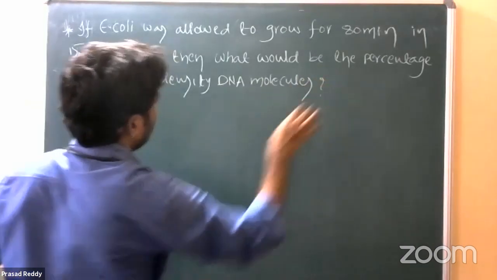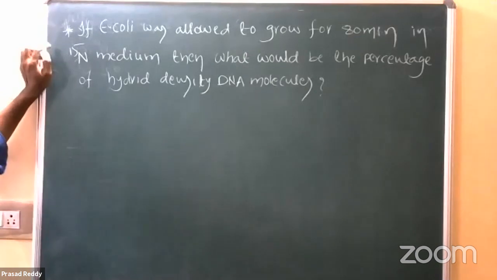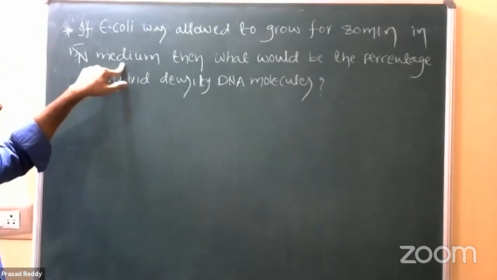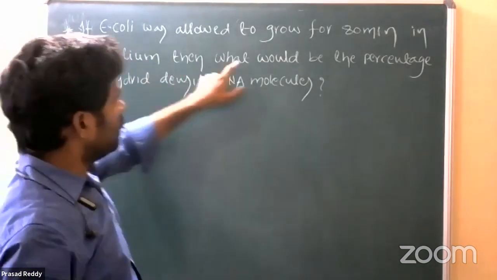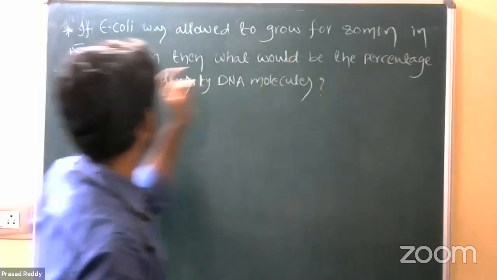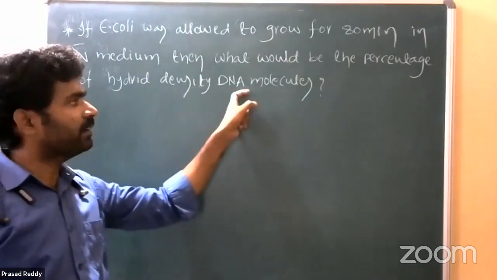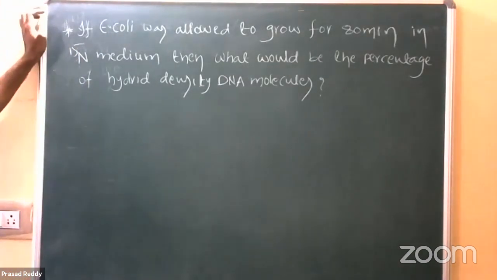So the question is, if E. coli was allowed to grow for 80 minutes in N15 medium, then what would be the percentage of hybrid density DNA molecules? Try to solve this.